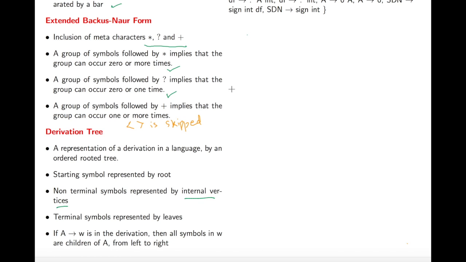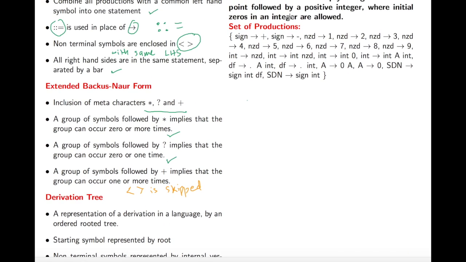So now let's see how this comes into play in our example. Remember, this is the example which we did to check whether our set of productions is right or not. We start with our starting symbol, which is signed decimal numbers. For this we have to say sign, then int, and then decimal fraction.